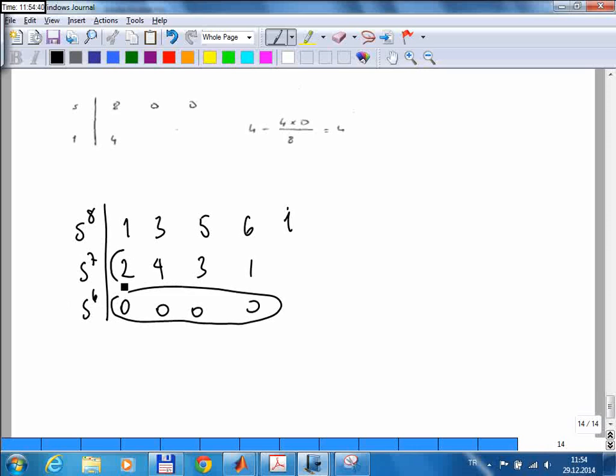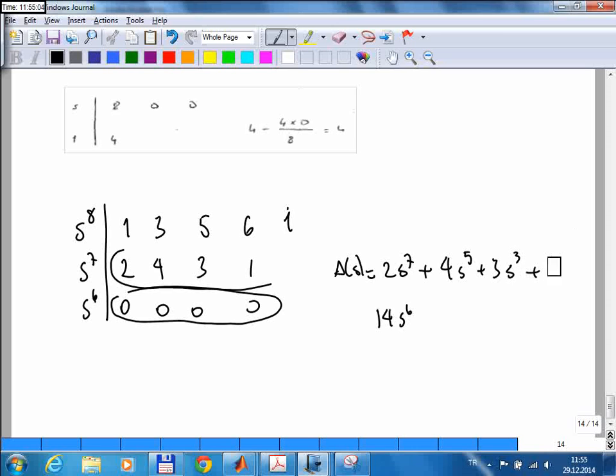Then we would go back to the previous row, and the polynomial here is 2 times s to the power 7 plus 4 times s to the power 5 plus 3 times s to the power 3 plus 1, and taking the derivative of that gives 14 s, 20 s to the power 4, 9s squared plus 1.